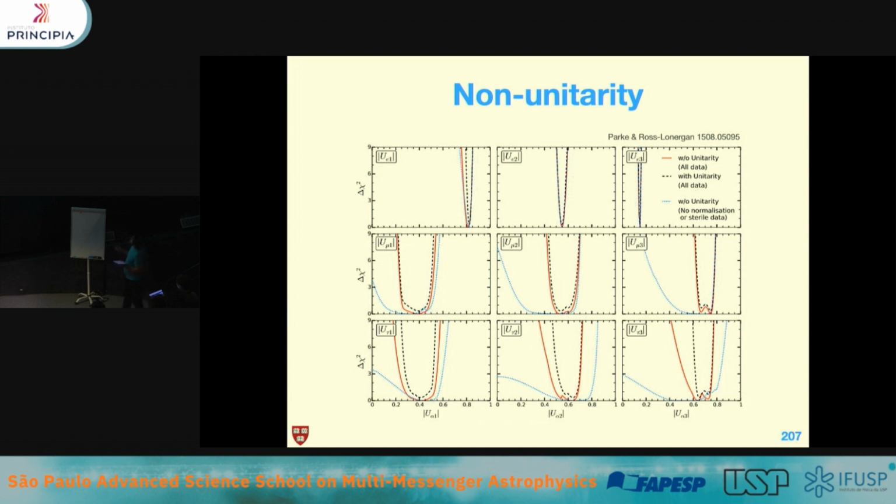Now I want you to look at the blue line. The blue line is our knowledge of the neutrino oscillation parameters where you remove the condition that only three neutrinos exist in nature. You can see that now the tau row is quite wide compared to the other rows. The reason is that it's extremely difficult to measure tau neutrinos; we have only measured a handful of tau neutrinos ever. So that's the statement.